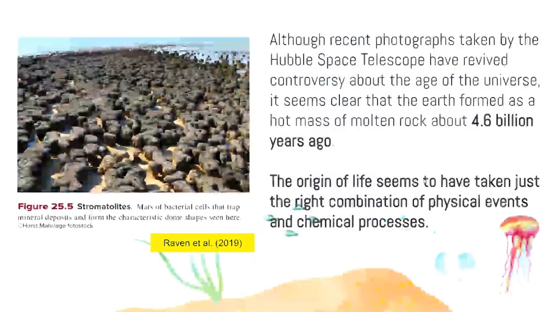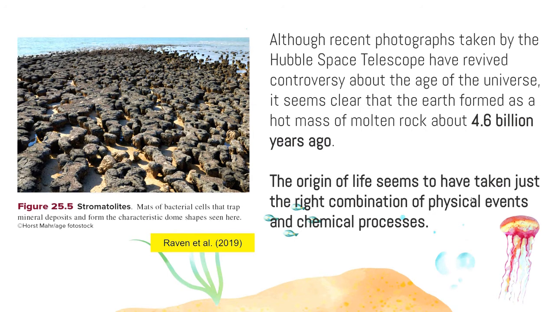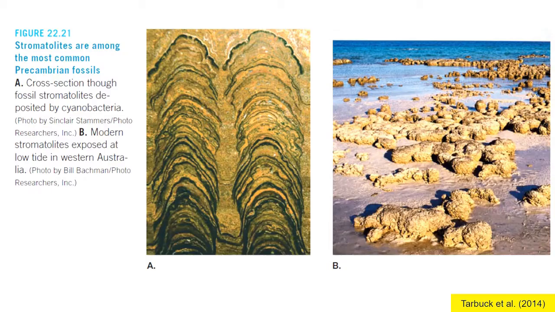So that's the current theory right now, that the origin of life on our planet seems to be the right combination of physical events of the early Earth and the chemical processes of the molecules and compounds present in our water back then.